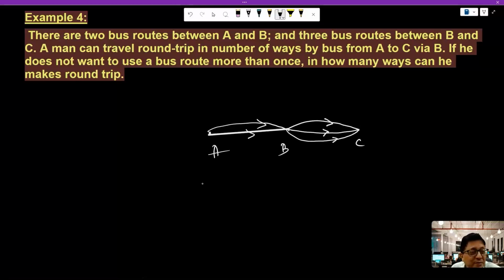How many ways can you make a round trip? And the condition you see, he does not want to use a bus route more than once.